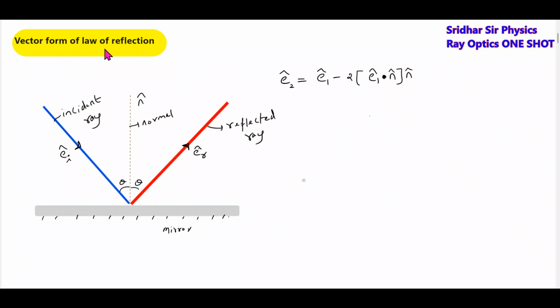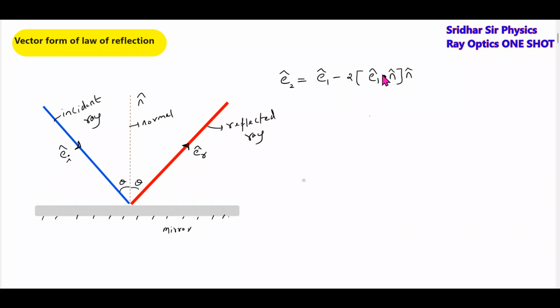Vector form of the laws of reflection. If the incident ray moving in space is incident on a plane mirror at an angle, let theta be the angle of incidence here. N cap is the unit vector directed along the normal. Then what is EI cap?